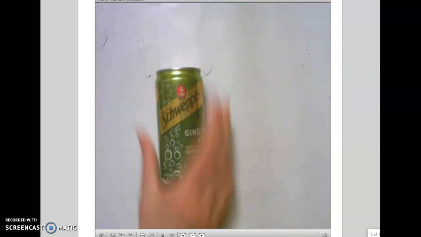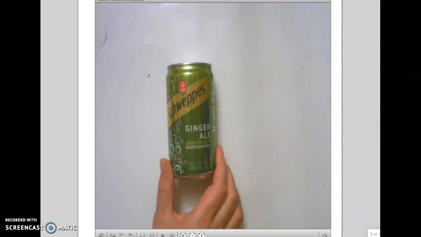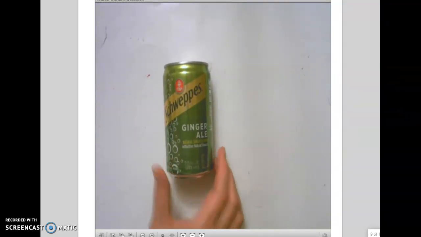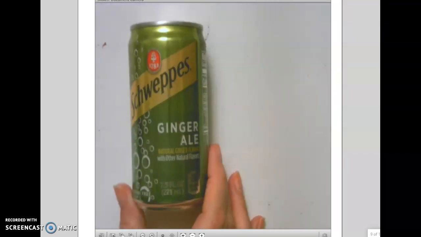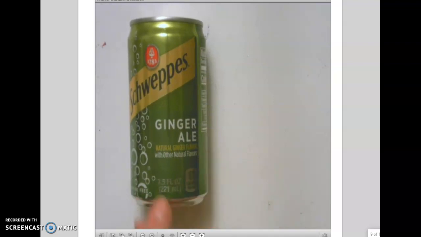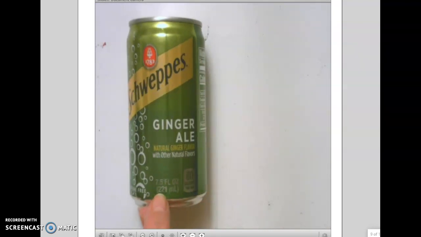Let's look at another liquid measure. How about one of these mini cans of Schweppes ginger ale? Zoom in so you can see the liquid volume of it. It is 7.5 fluid ounces. Here's our metric down below it: 221 milliliters.